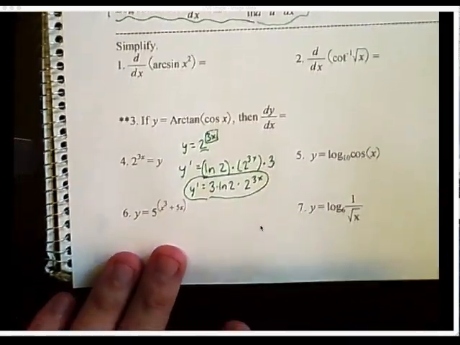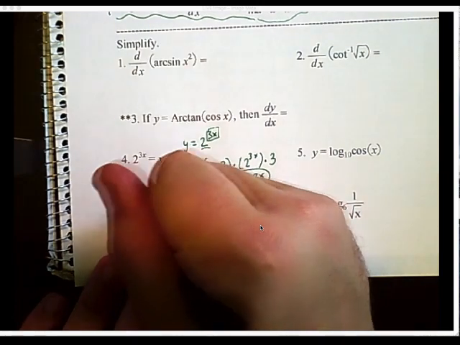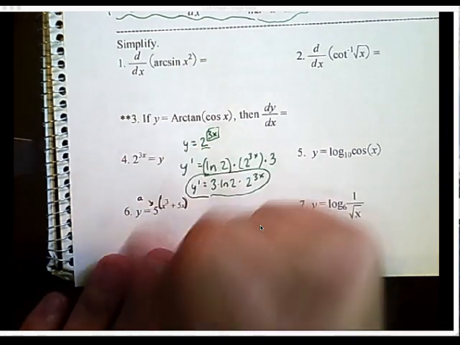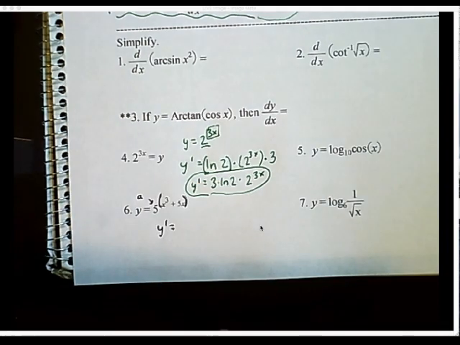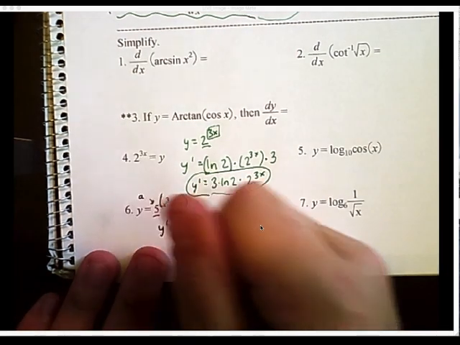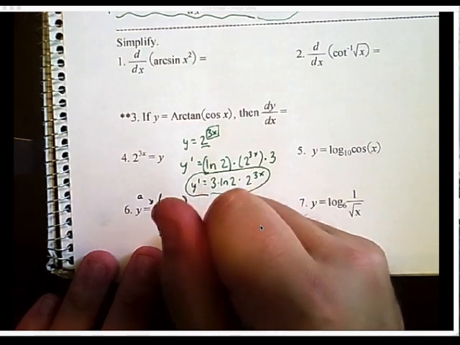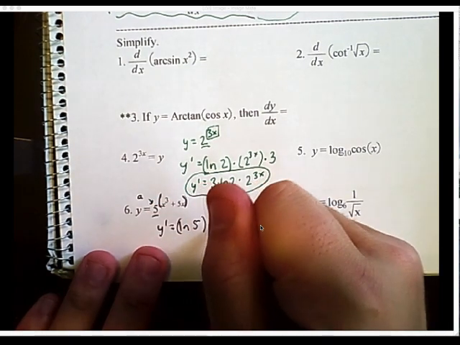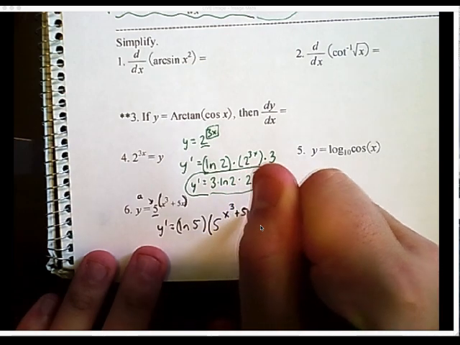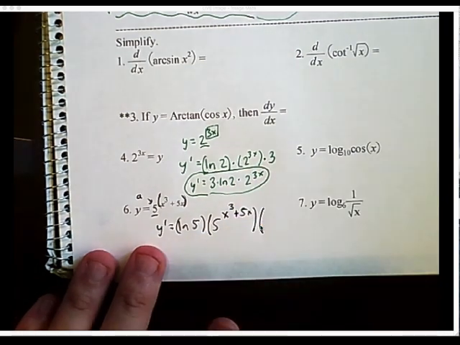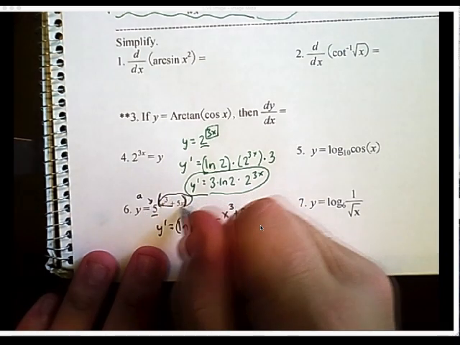Look at problem 6 now. Here's the a, and this whole parenthesis is the u. So if I wanted to find y prime here, I would take ln of a, so ln of 5, times the whole thing again, 5 raised to the x cubed plus 5x. But now I need to multiply that times the derivative of the exponent.